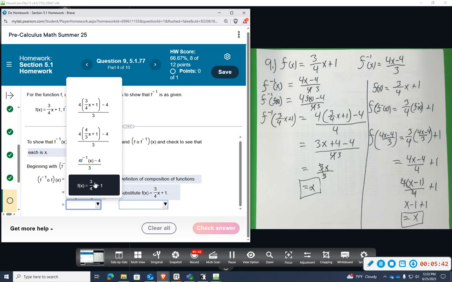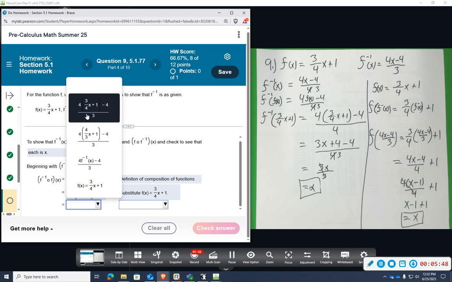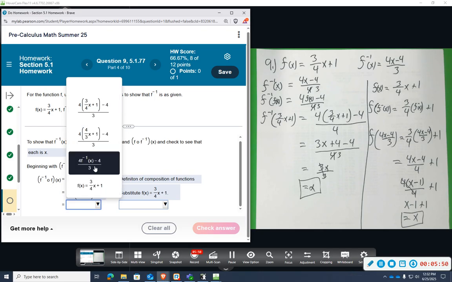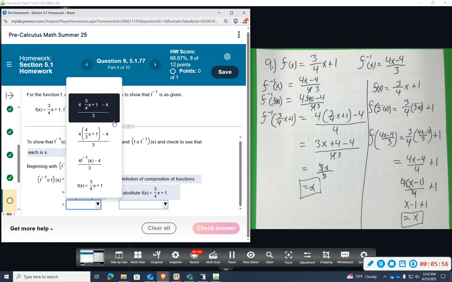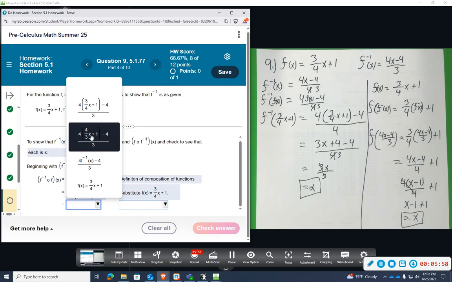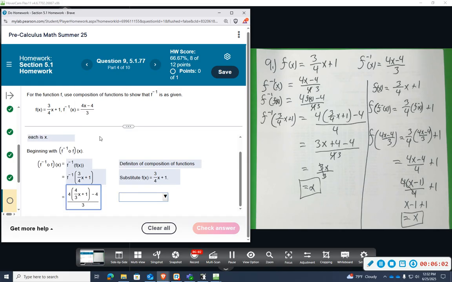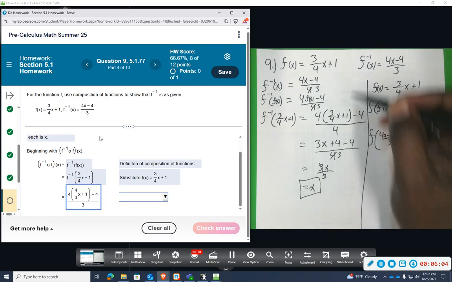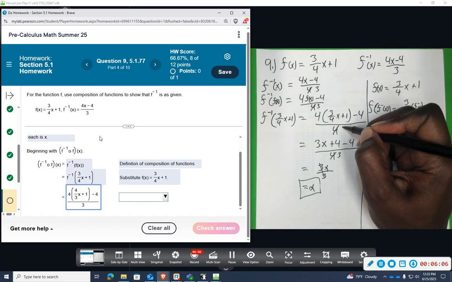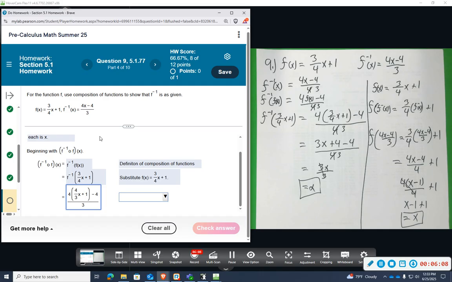The left side is looking like the right side, and then it tells us what the steps are. So the right side was here, 4 times the 3 over 4x plus 1 minus 4 over 3. Okay, I had an error here. I wrote 4 on the bottom instead of 3. This should have been a 3 all the way down.